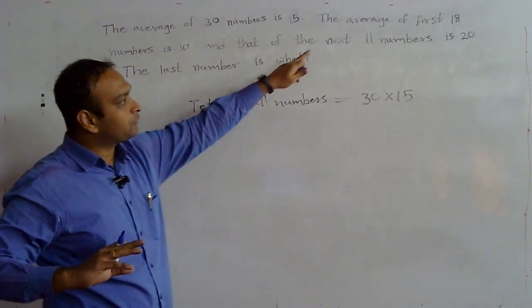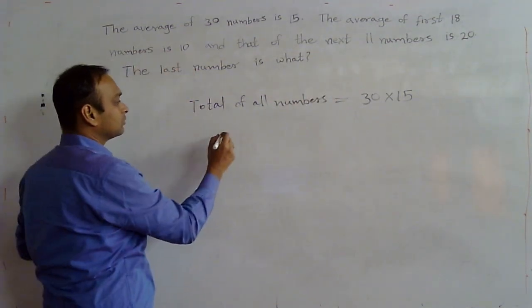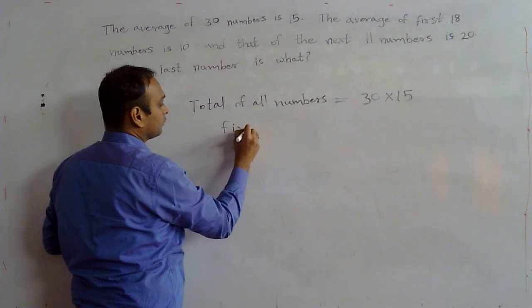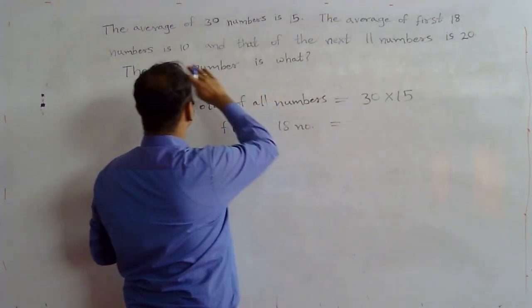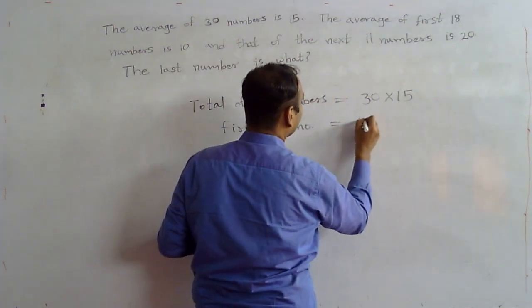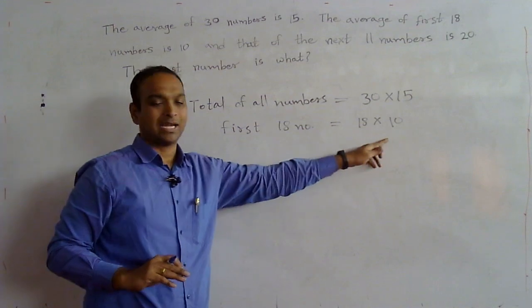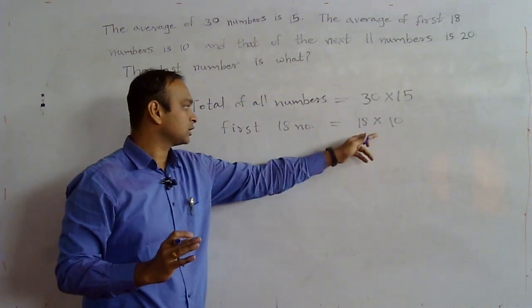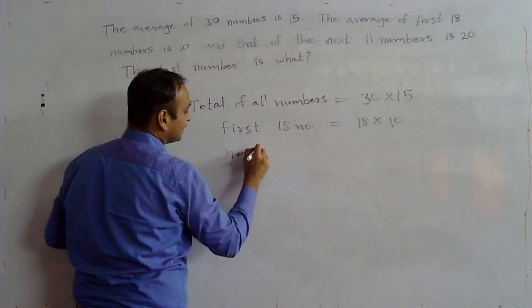Then we have the first 18 numbers. If we take the total of the first 18 numbers, we can write it here: 18 numbers are there and the average is 10. So this is the total of the first 18 numbers. Next 11 numbers we have, so we can write it down as it is.